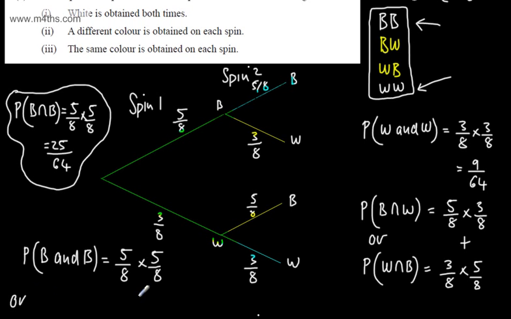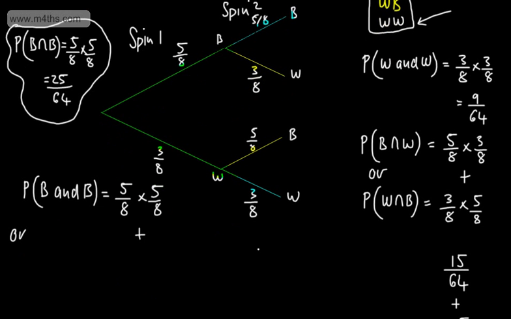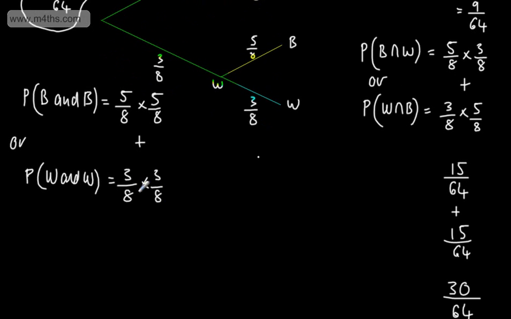I'm going to add to that the probability of white and white, and that's going to be 3 over 8 multiplied by 3 over 8. So that gives me on here 25 over 64 plus 9 over 64, which is going to give me 34 over 64.